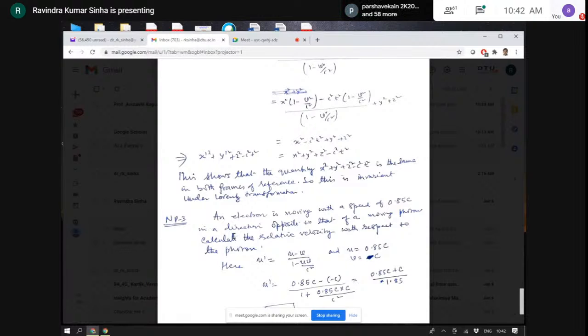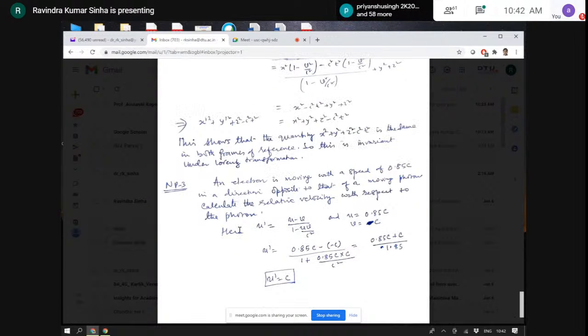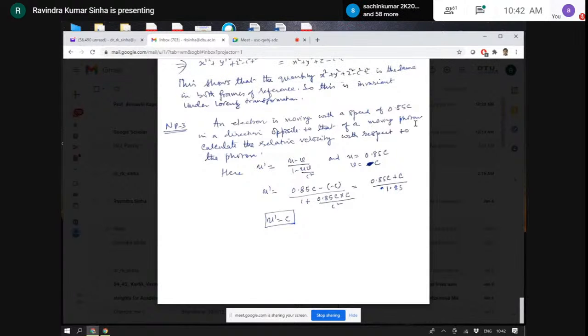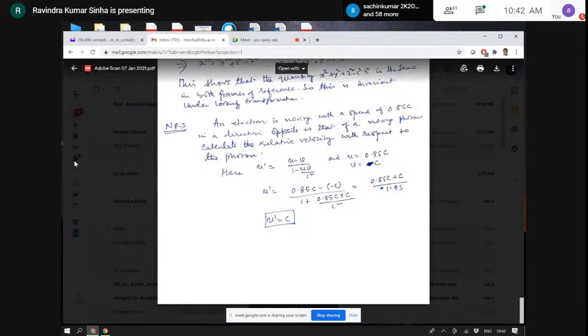Now let's go with another problem. An electron is moving with a speed of 0.85 c in a direction opposite to that of a moving photon. Suppose you make an S frame of reference.